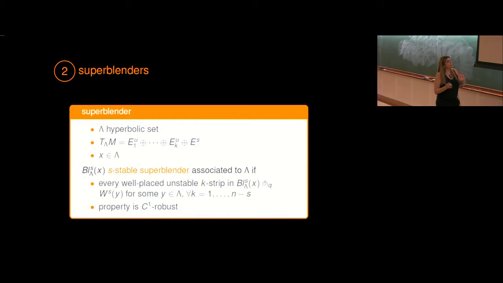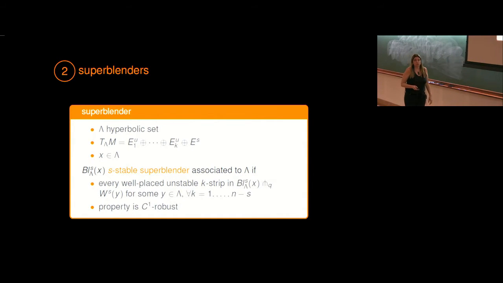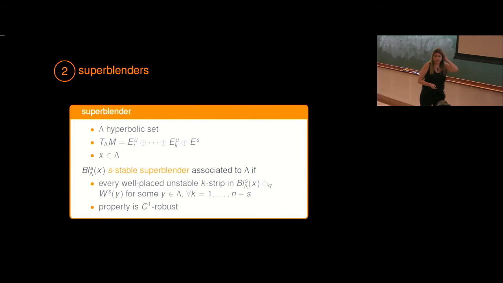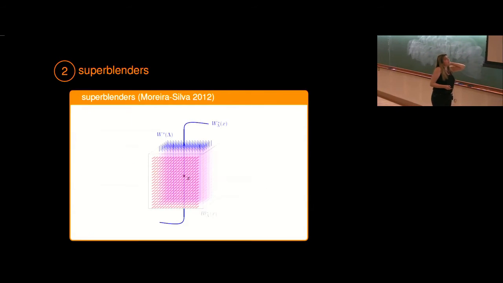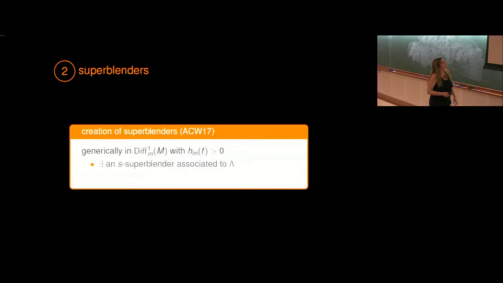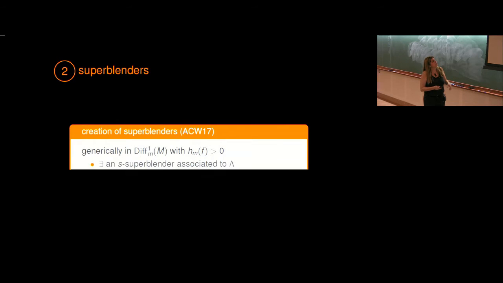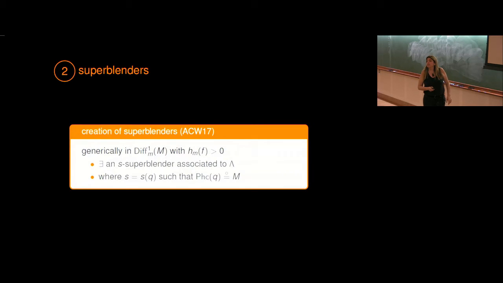So I will use both the blender and the super blender property. I will have to choose which theorem to prove because I have 6 minutes. And I will prove the one that uses super blenders. The other thing that you also have to remember about super blenders is that it is a hyperbolic set which is magical and exists generically.